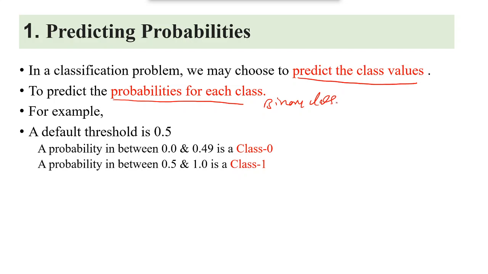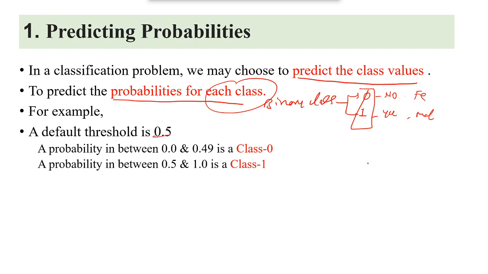Binary class means only two values may exist, either 0 or 1, no or yes, female or male, like that. So we have to calculate the probabilities for each class. This is our target variable. In the target variable we have to calculate the probabilities for each class. Here we have to consider the threshold value.